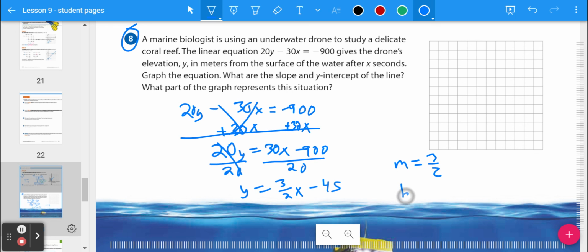And what is the y-intercept? That is negative 45. And what part of the graph represents this situation?